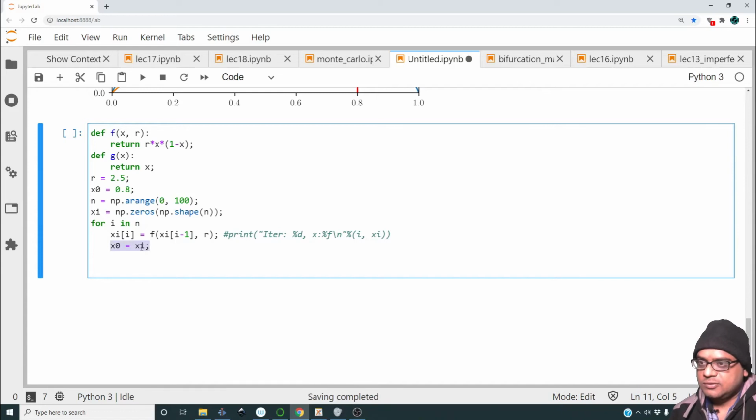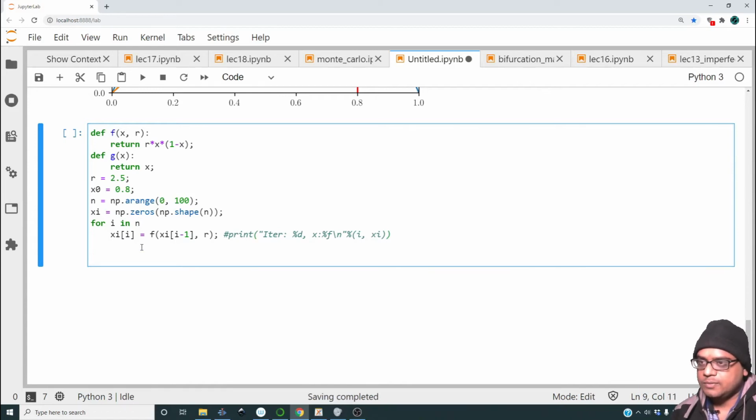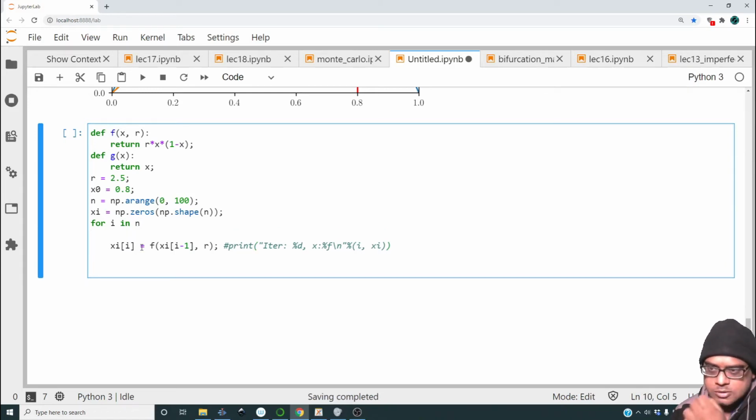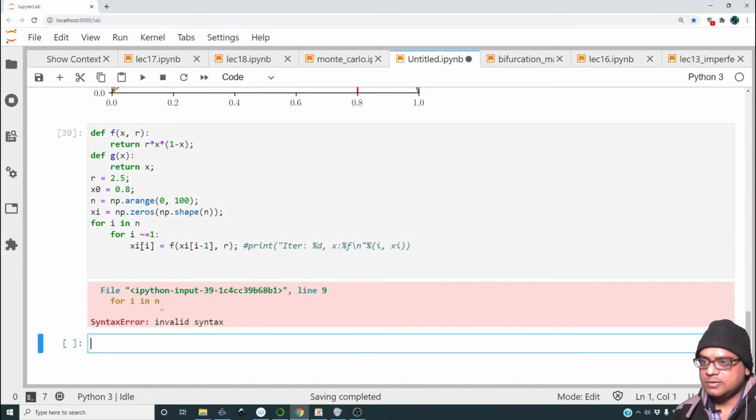Yeah, that's pretty much the code, and we have to not do this for i equal to 1. For i not equal to 1, we have to do this. All right, so let me run this.